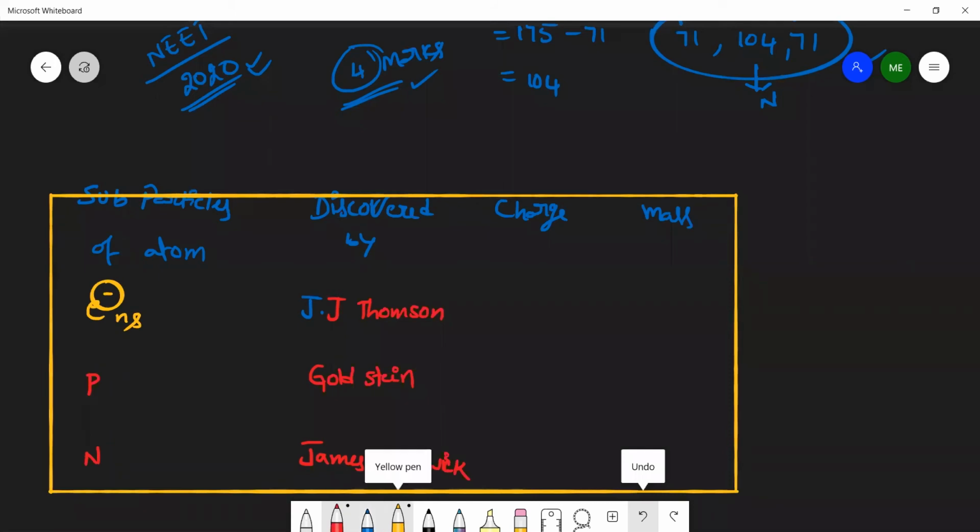What is the charge of the electron? The charge of the electron is minus 1.6 into 10 to the power of minus 19 coulombs.